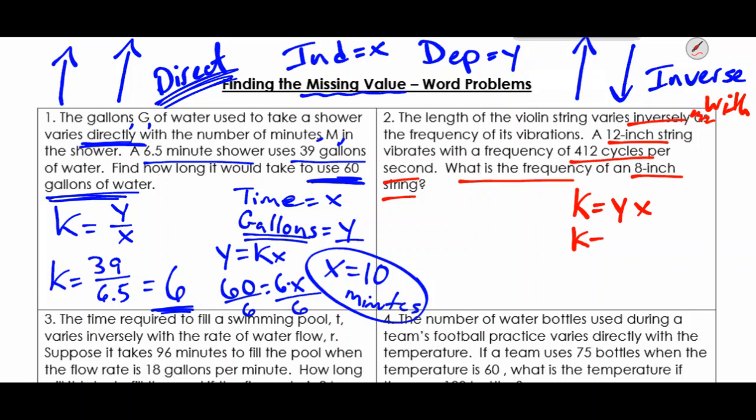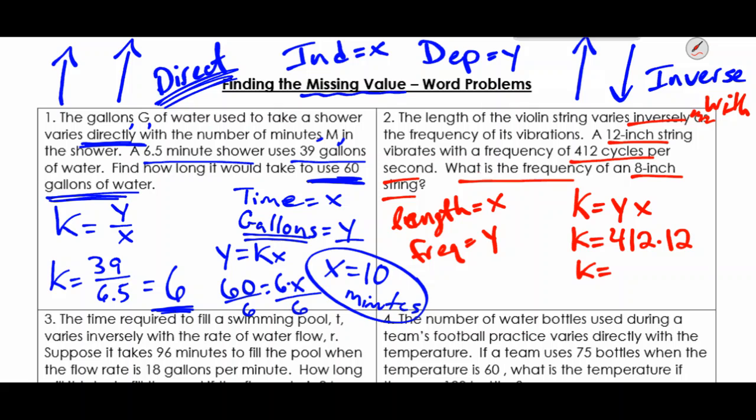I'm going to assign, let's say, the inches, or the length, as independent, and the frequency depends on that. The frequency depends on my length, so my frequency is the y, and my length is the x. When you multiply those together, we're going to get 4,944.